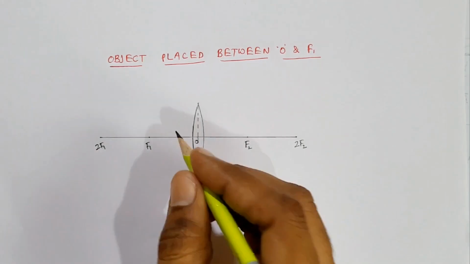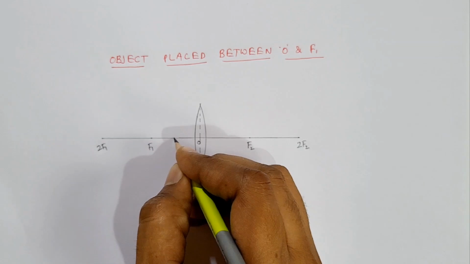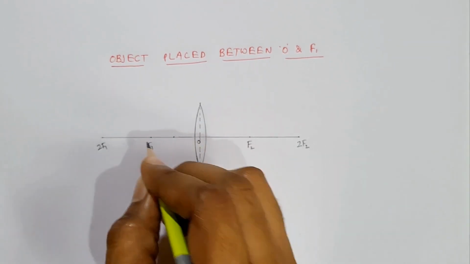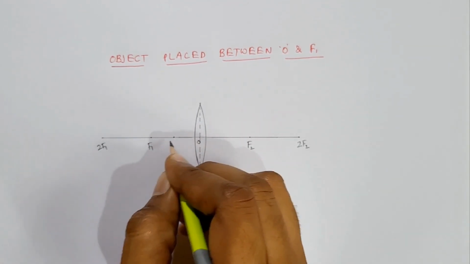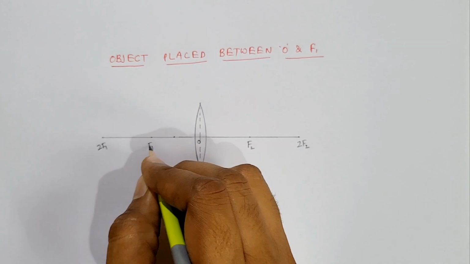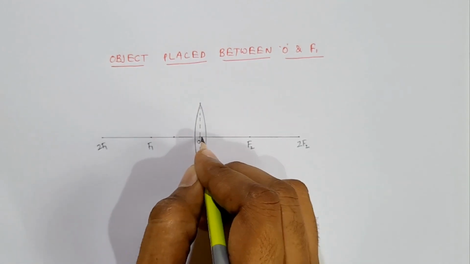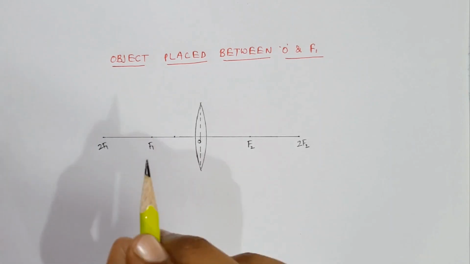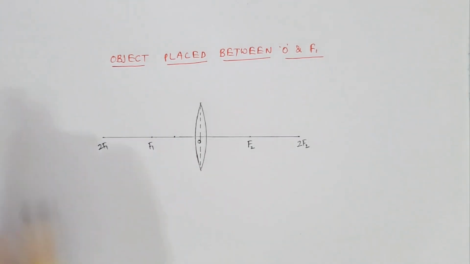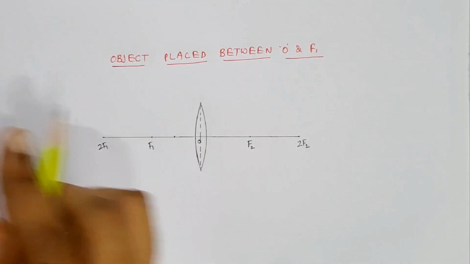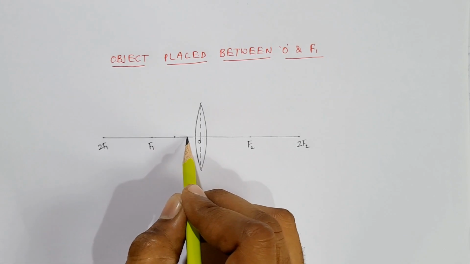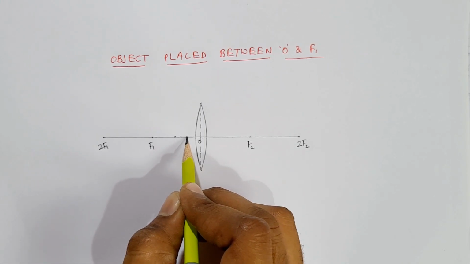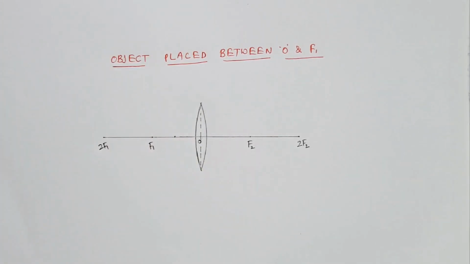The precaution is object should be within this range, optical center to f1, from here to here, right? Take a point, midpoint of optical center and f1. Somewhere here you take the object. If you take object here, what happens? You will not get the image, or you may not get the image within the page. As you take the object closer to optical center, image will form within the page.